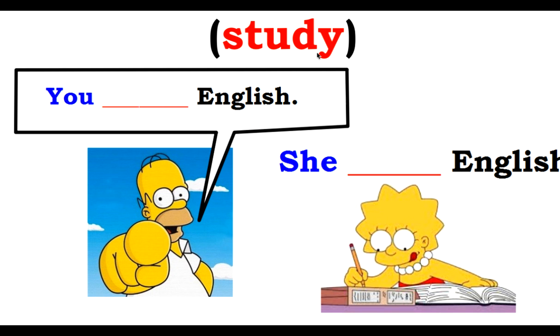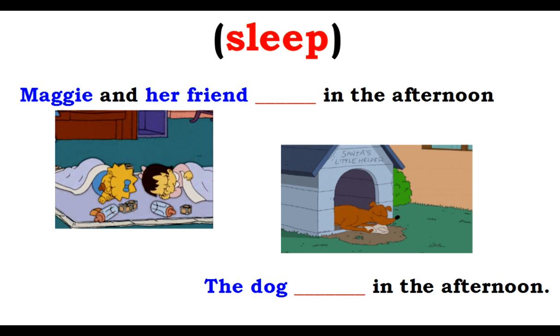Study. For example, you study English, the normal form. But she studies English. Again, the third person conjugation. Very good. Sleep. For example, Maggie and her friend sleep in the afternoon.